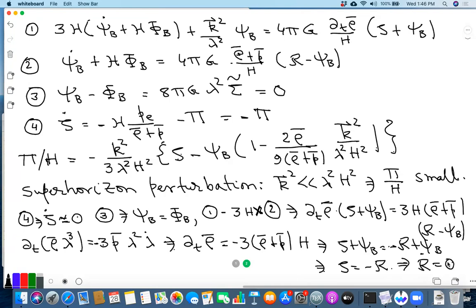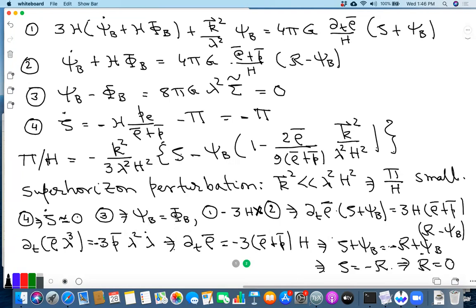So you see that even though the equations look complicated, when you consider super horizon perturbation, the equations simplify, and you have already solved for 3 of the variables. Now r is the only variable to be found because zeta is expressed in terms of r.